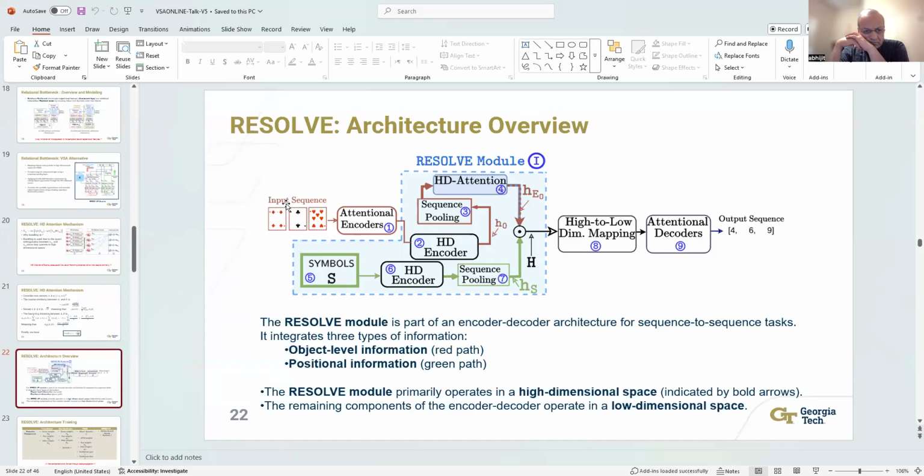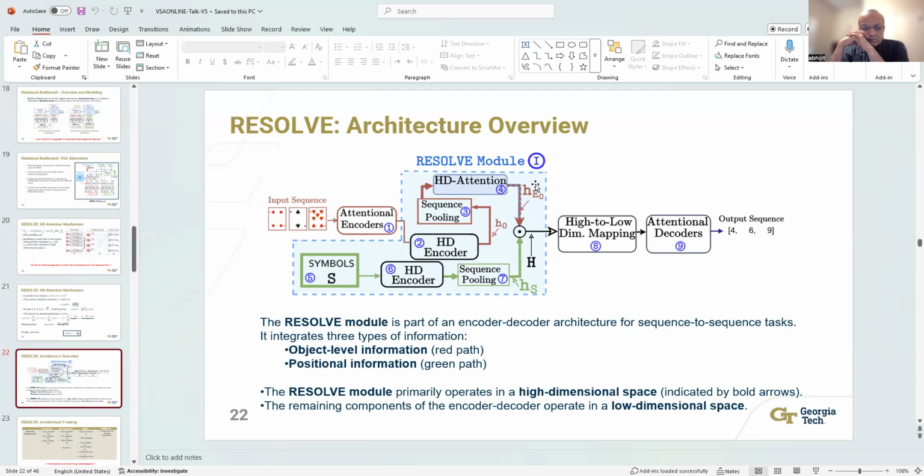The input sequence is fed to an attention-based encoder composed of a sequence of self-attention transformers, which is fed to the HD encoder and mapped to high-dimensional space. Then this sequence is compressed using sequence pooling, and then is encoded using the HD attention mechanism.